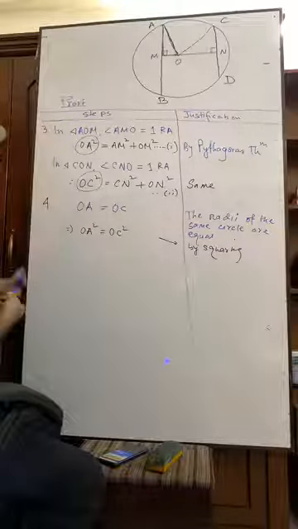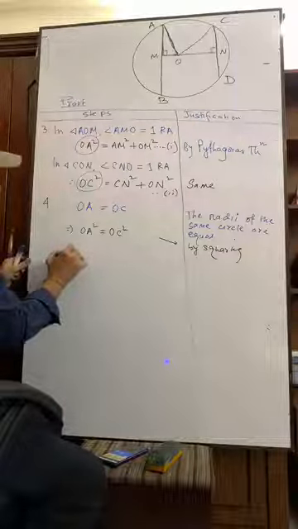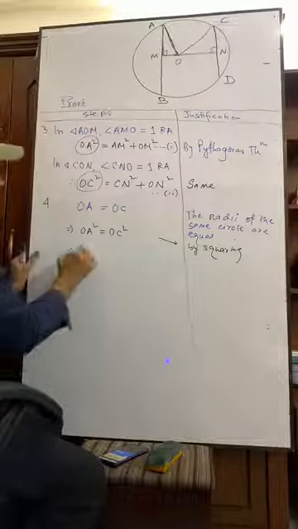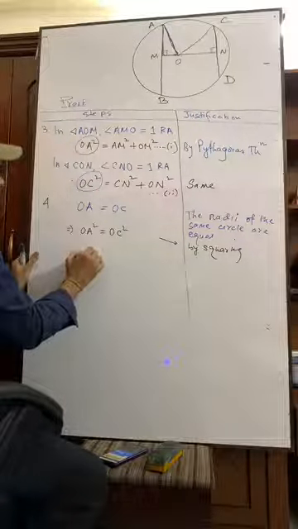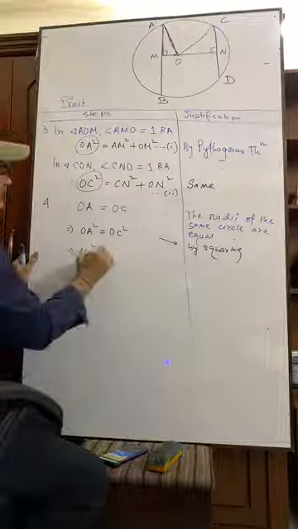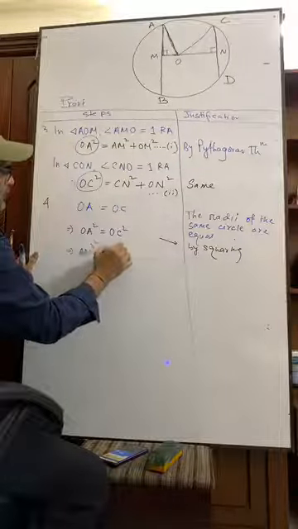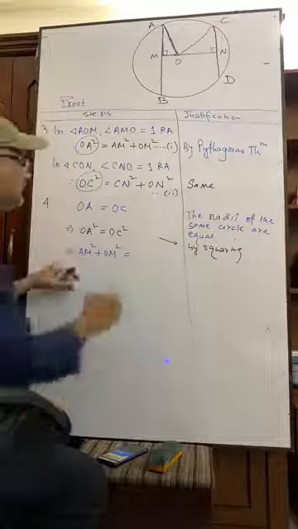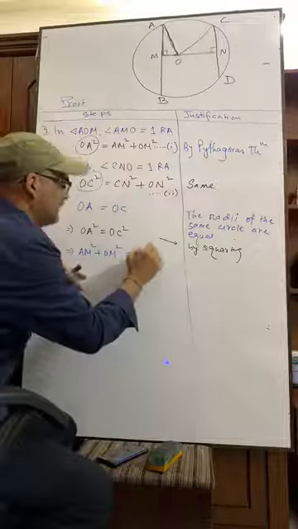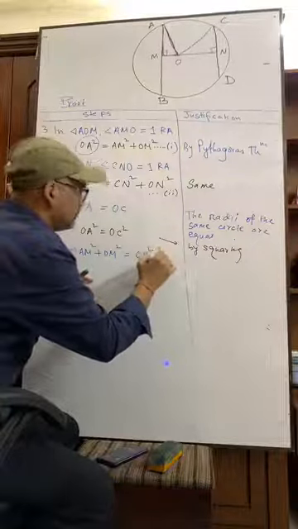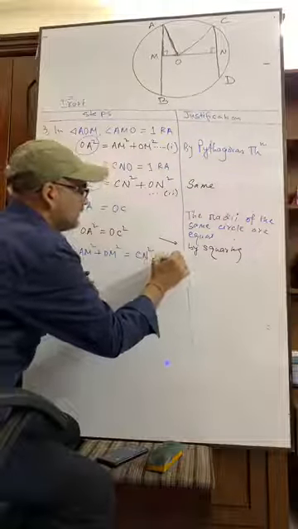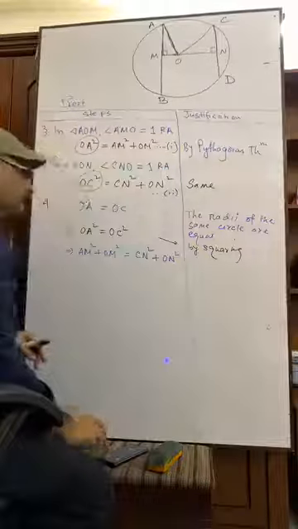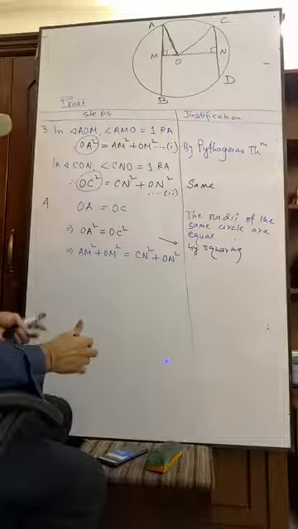OA square means AM square plus OM square. And OC square means CN square plus ON square, from step 3.